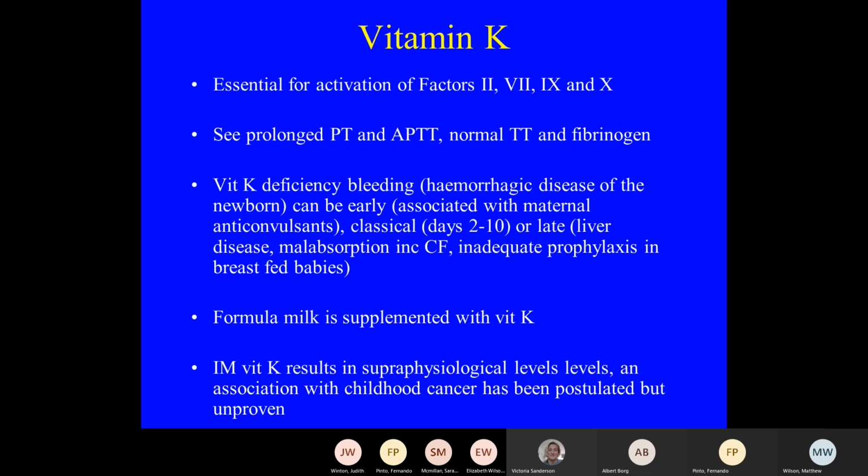Formula milk is supplemented with vitamin K, and intramuscular vitamin K results in supraphysiological levels. So that's the vitamin K deficiency that you mentioned, Albert. It's very important to look at the coagulation screen to suspect that this is vitamin K related, because it's very easy to treat. Next.